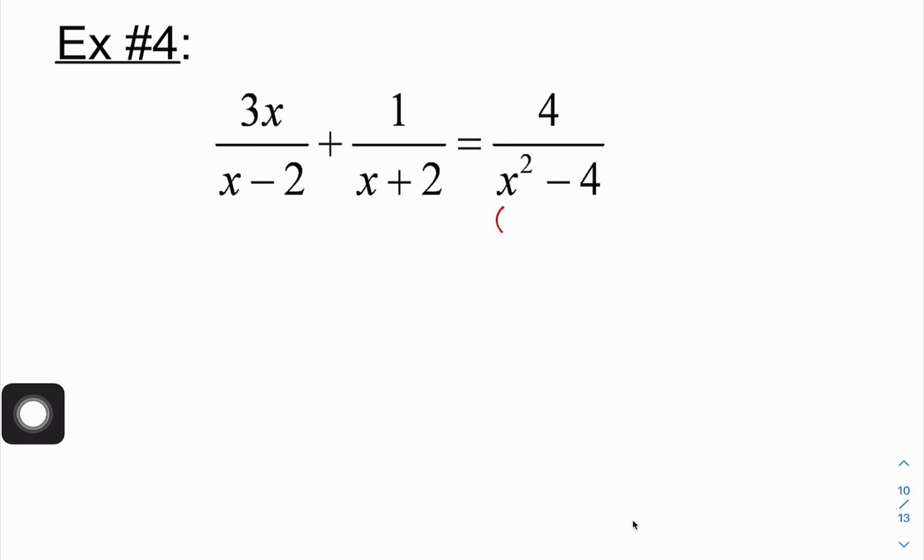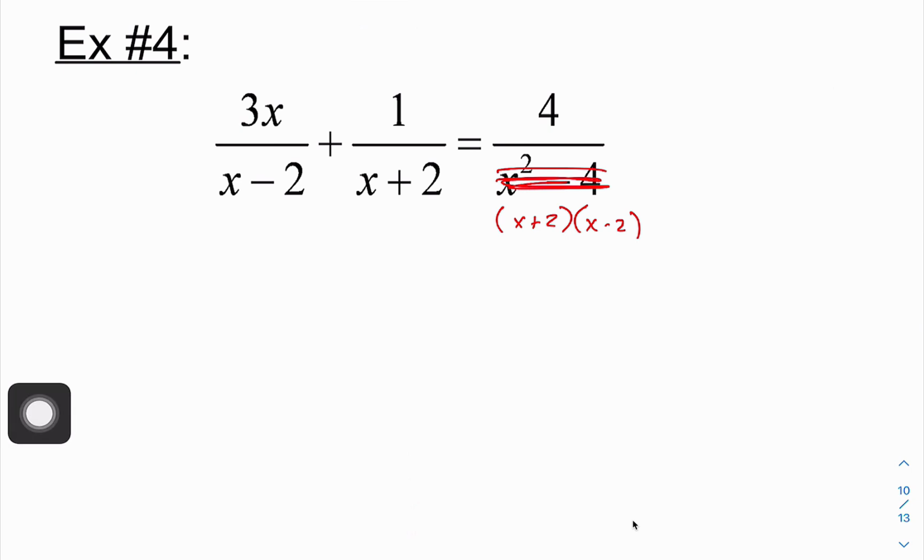So let's factor that into x plus 2 and x minus 2. We don't have to worry about that. Which means now, what's my common denominator? Now it should be a whole lot easier to look at. What is it? x plus 2 and x minus 2. You got to have the same factors.